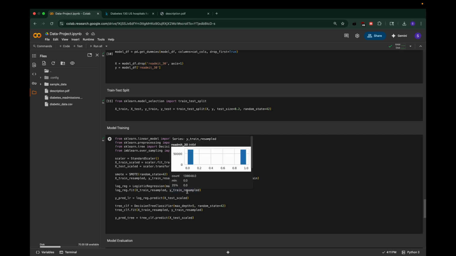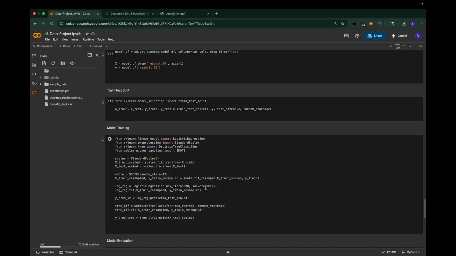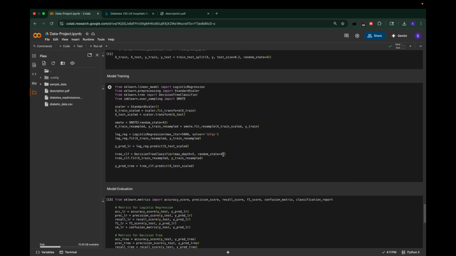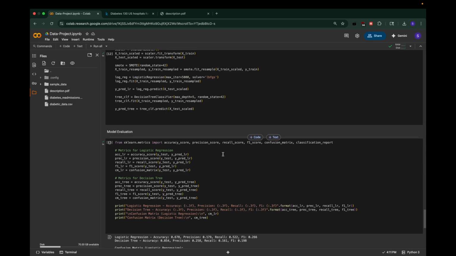Since logistic regression is sensitive to feature magnitudes, I standardized the inputs using StandardScaler. For the decision tree, I trained it with a maximum depth of 5 to try to reduce overfitting and ensure interpretability.